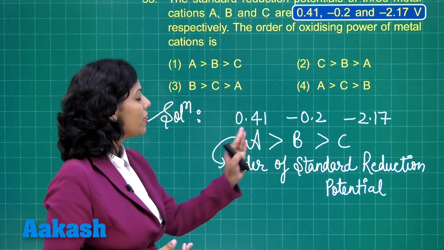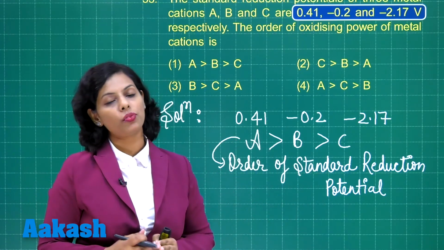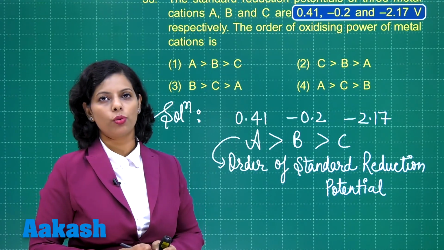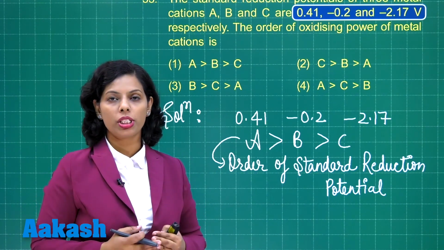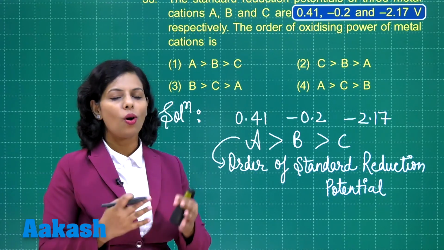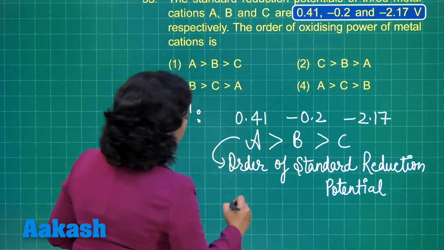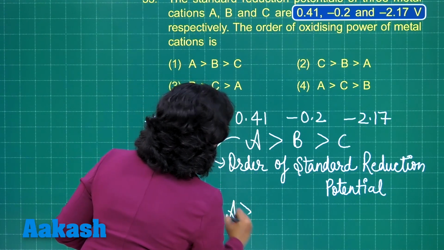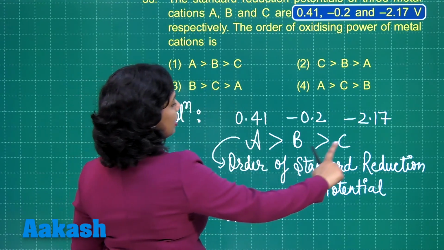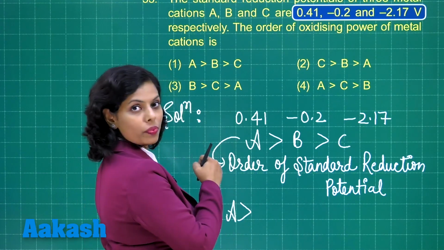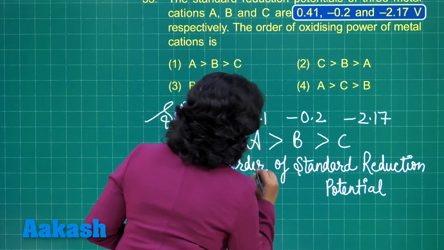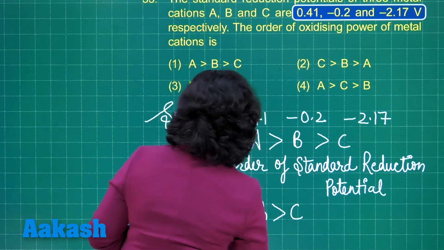With the help of standard reduction potential values, we can find out the oxidizing power also. More the standard reduction potential, more would be the oxidizing power. On the basis of this, A would have maximum oxidizing power because its standard reduction potential value is maximum. Then is the turn for B, and then for C also.